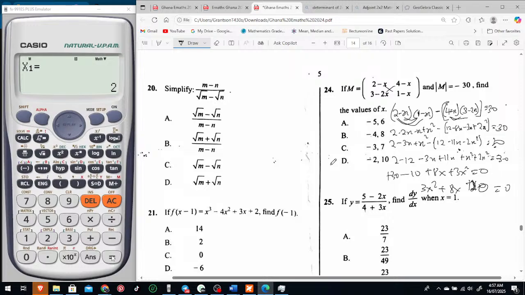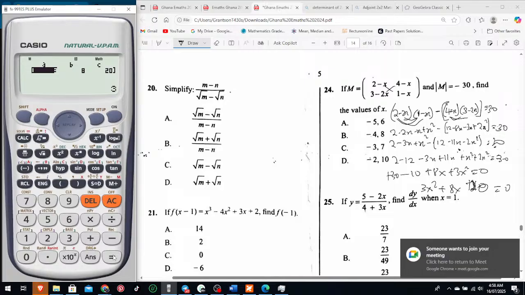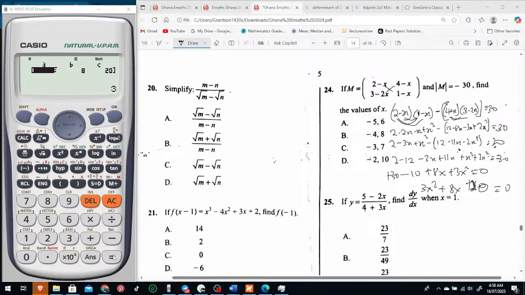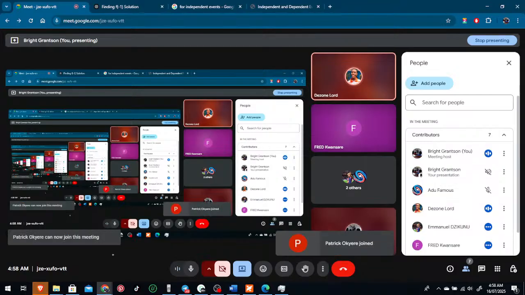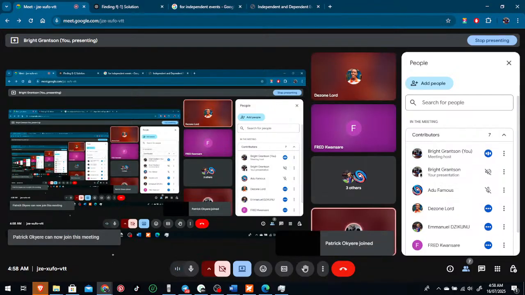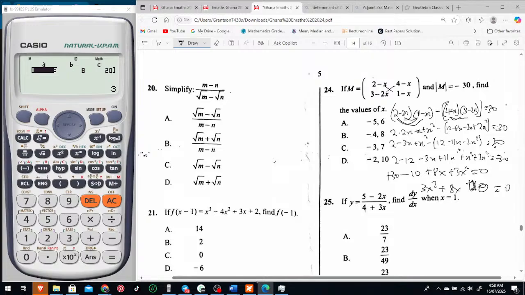The 3 is the coefficient of the x squared. So you see the answer is what? B or A? I got minus 2 and 10. Okay. I think maybe I did an error in the expansion. So minus 2 and 10.